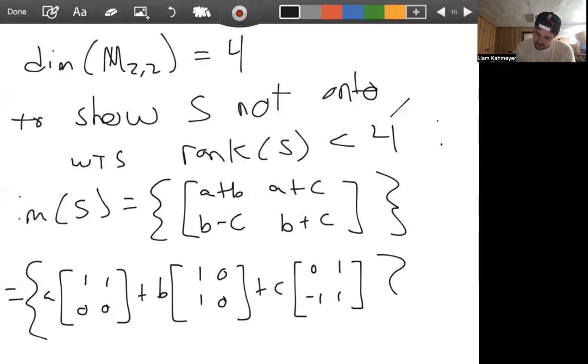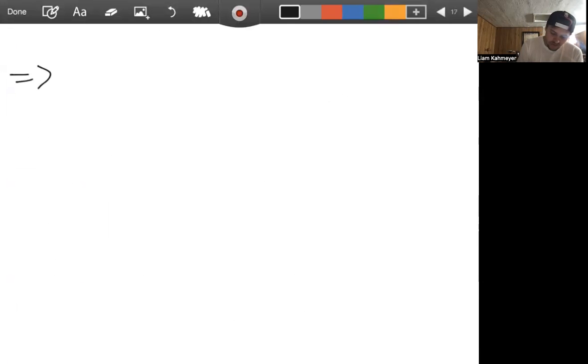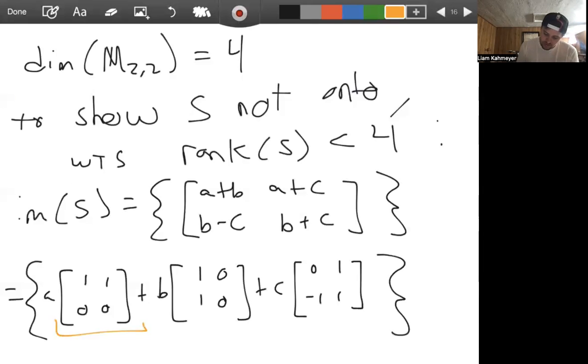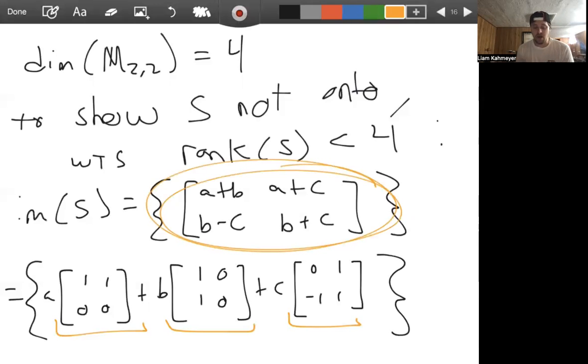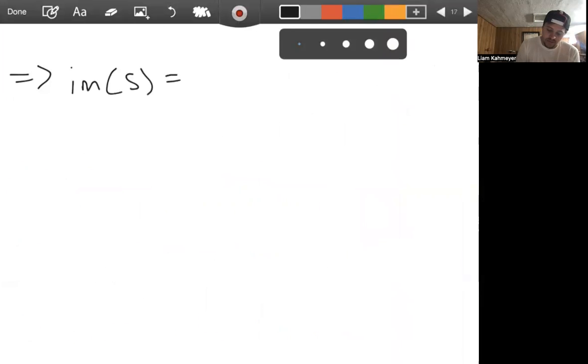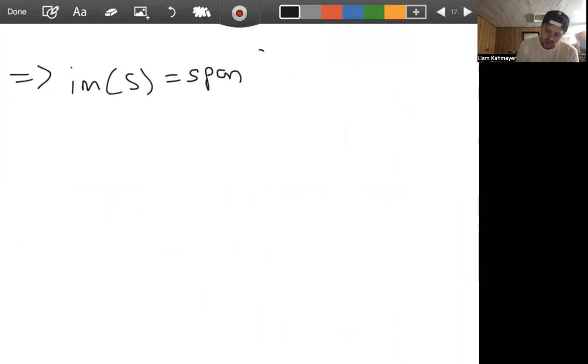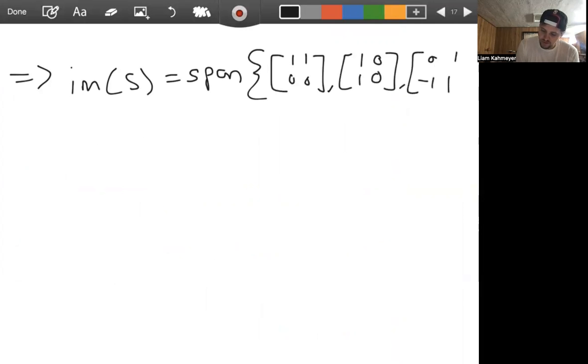And that's it. This implies that the image of S is spanned by these three matrices, because we can write any matrix in the image as a linear combination of the three matrices written below, which means that the image is equal to the span of the following matrices: 1, 1, 0, 0, 1, 1, 0, 0, and 0, 1, negative 1, 1.